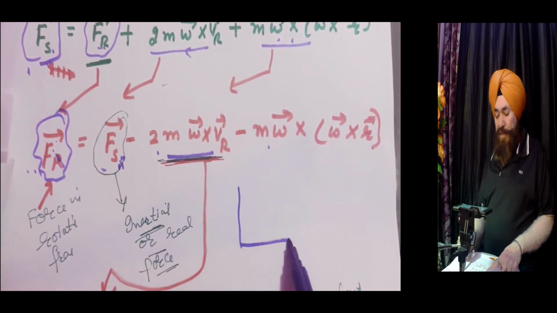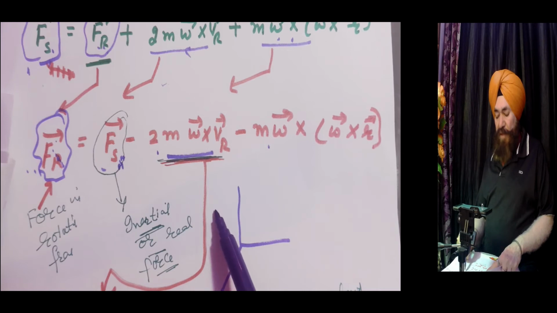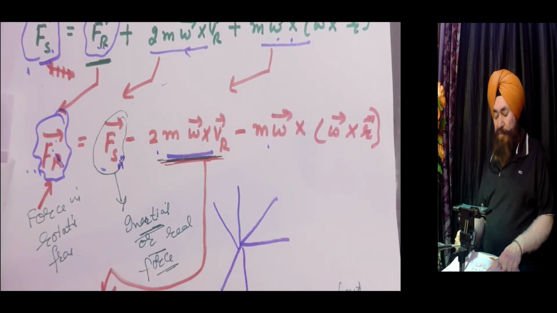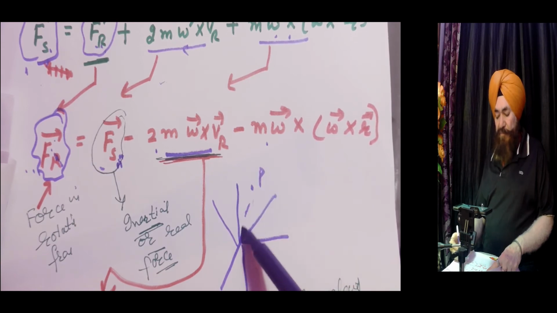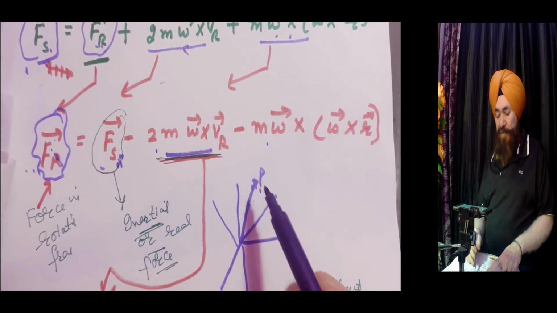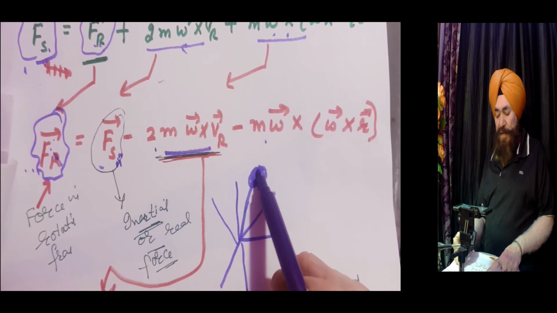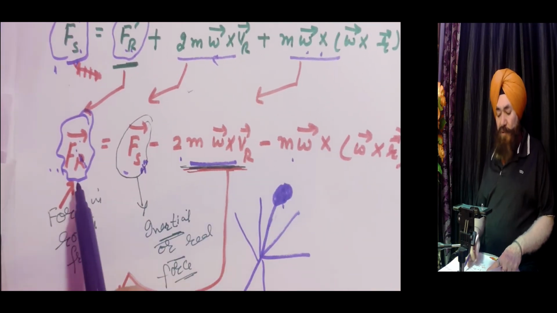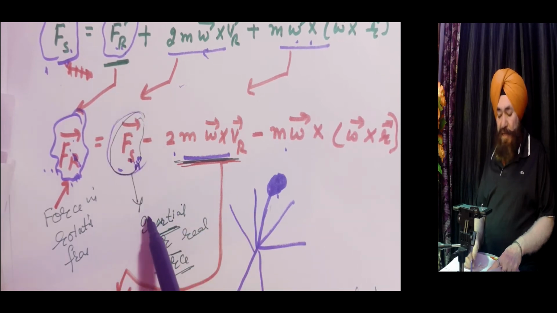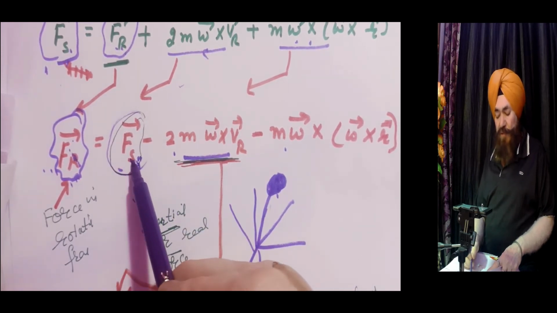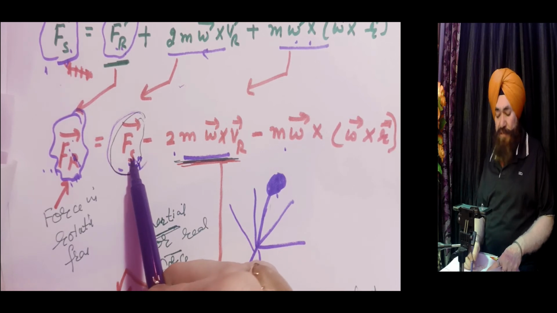This is the fixed frame, and the second frame is rotating, and there is a particle which is accelerating. When you observe the particle, the force on the particle from the rest frame is the real force, the actual force.